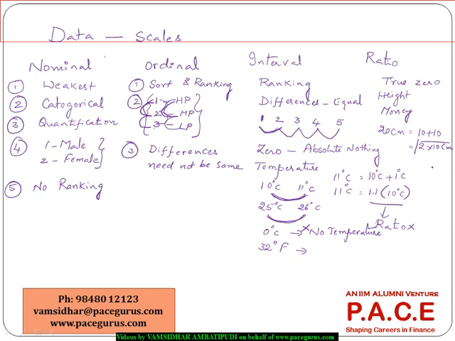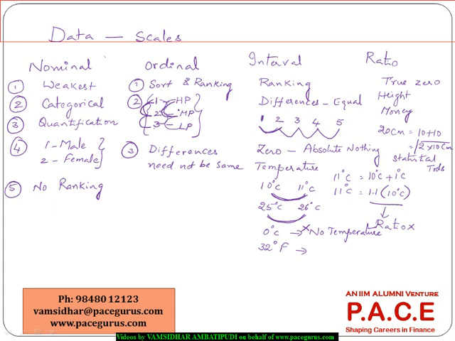So we can apply a wide range of statistical methods. Different kinds of statistical calculations can be applied on ratio scale data, whereas there is a limitation in terms of application of those to nominal scale, ordinal scale or even interval scale data. So that's one more dimension.